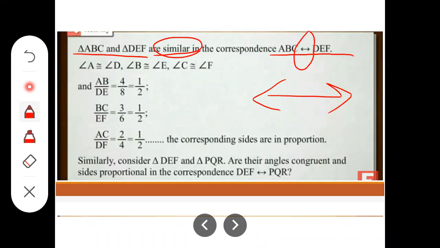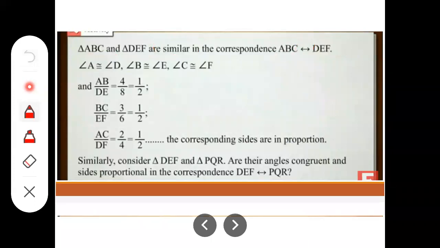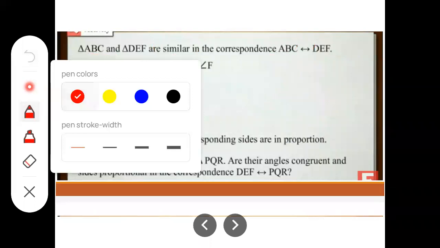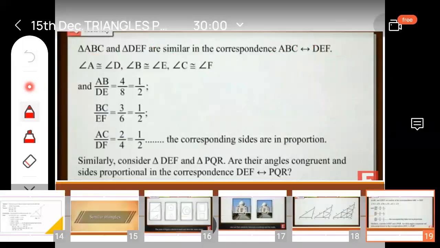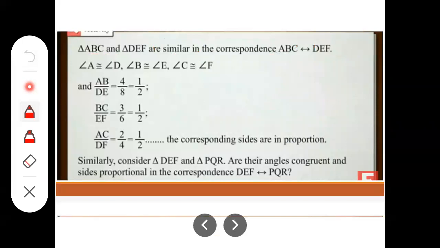And when the triangles are corresponding, their corresponding angles are congruent to each other. Corresponding angles means what? See the name of the triangle. Here in the name, the first angle with the first angle of the second triangle.